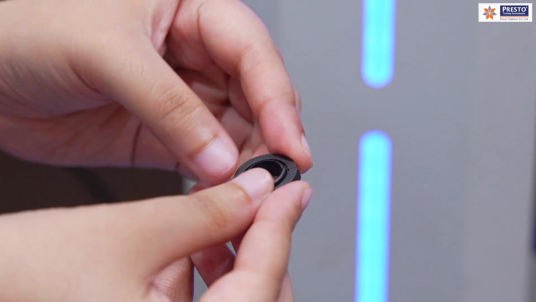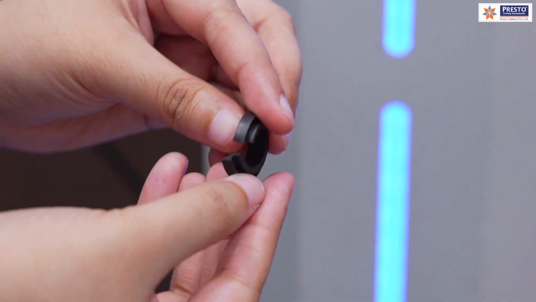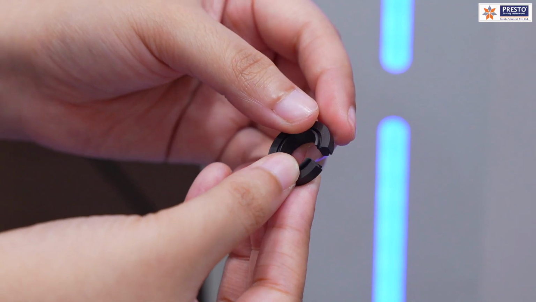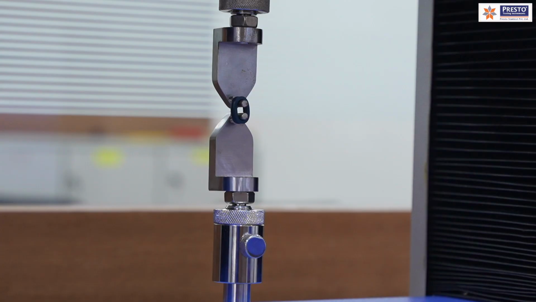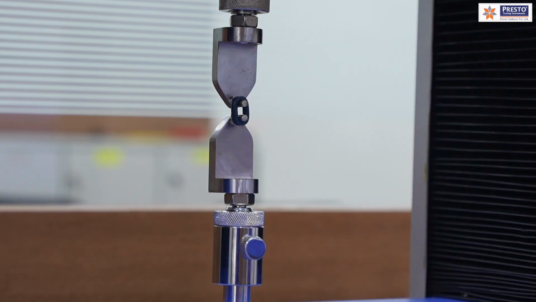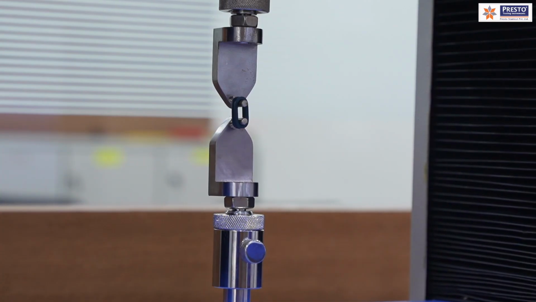This one and this one have to be multiplied, and in the numerator is the peak load. So it means 39.6 divided by this diameter multiplied by this thickness. This is how tensile strength is calculated. It could be in MPa, or Newton per mm square, or kg per centimeter square.